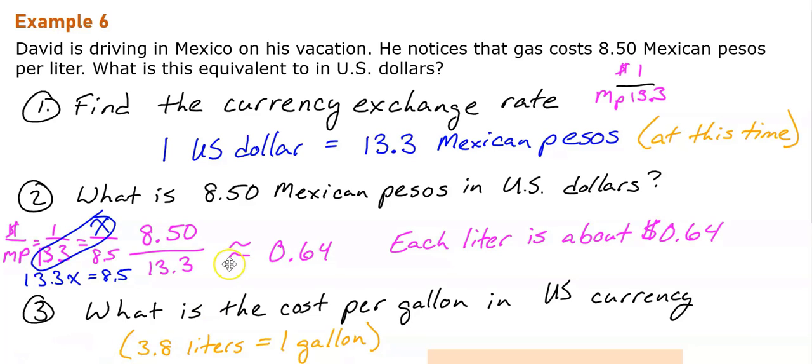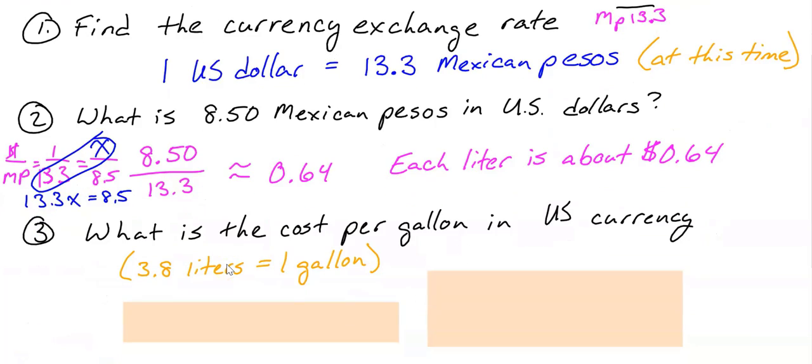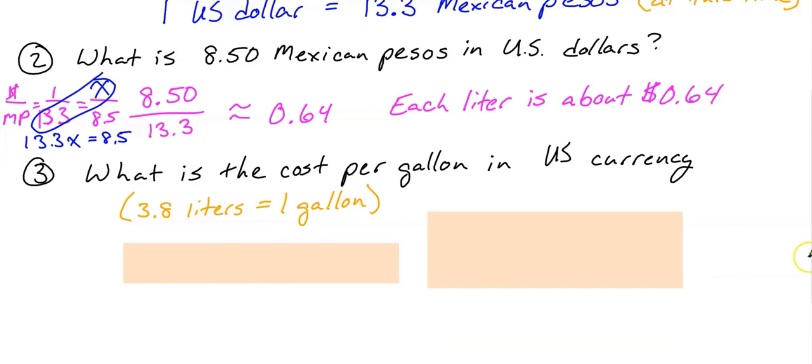So now we need to figure out what is the cost per gallon in US currency. We know 3.8 liters is equal to 1 gallon.